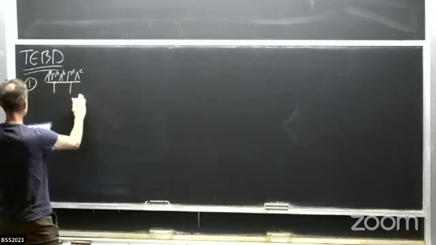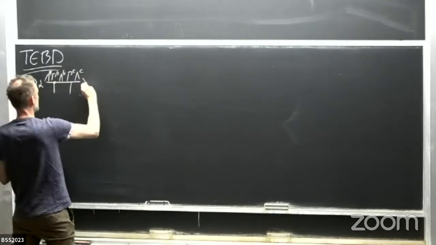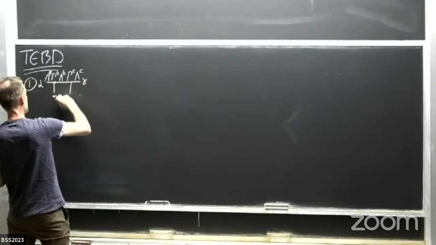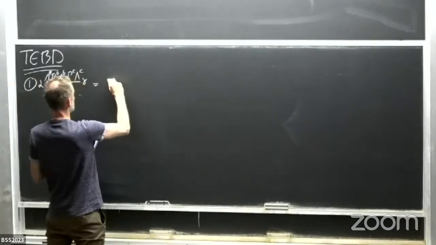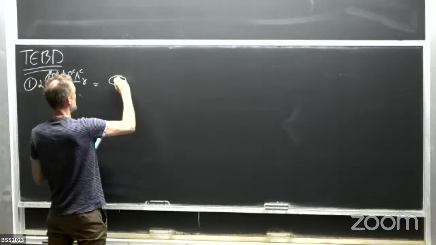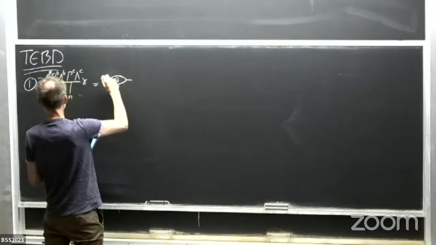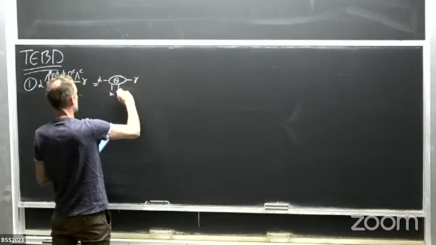And so I'm contracting them. Now we have here an index alpha, gamma, and then we have here m and n. We contract them to a blob, and this blob I'm calling theta. So now we have contracted all of them: gamma, alpha, m, n.